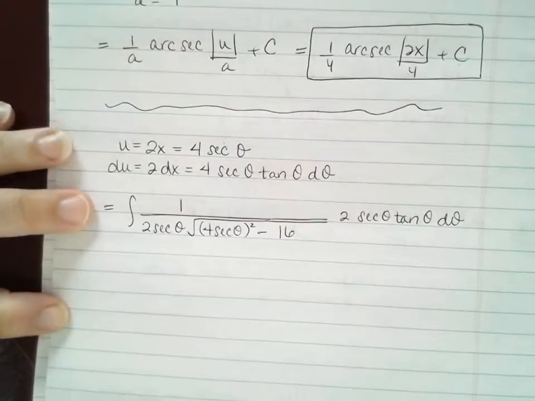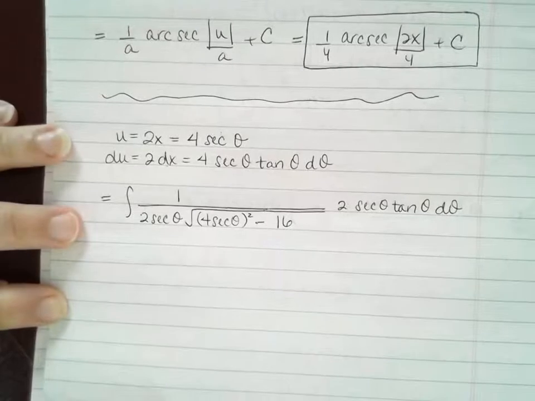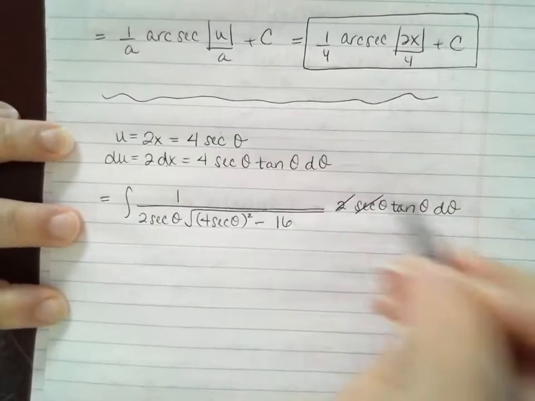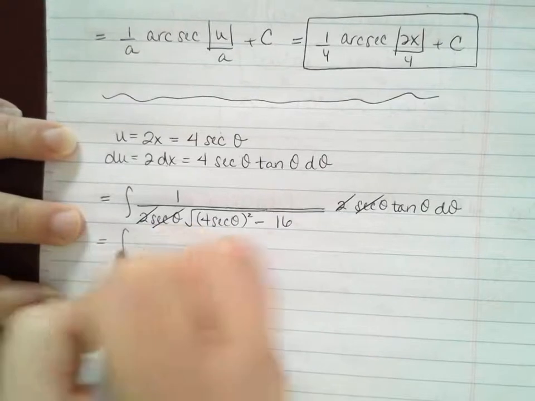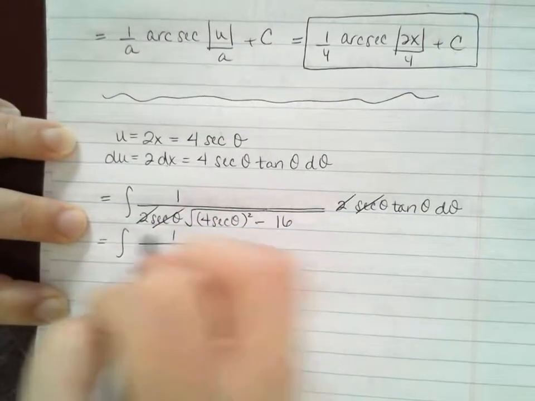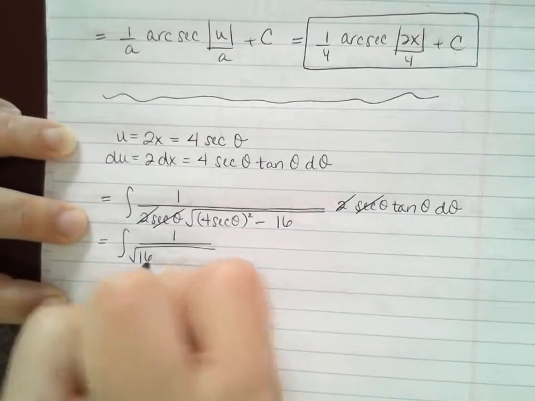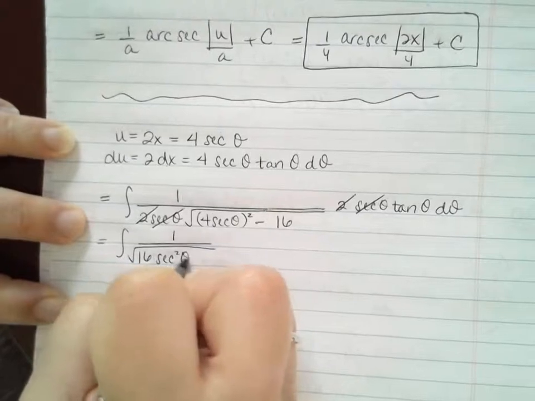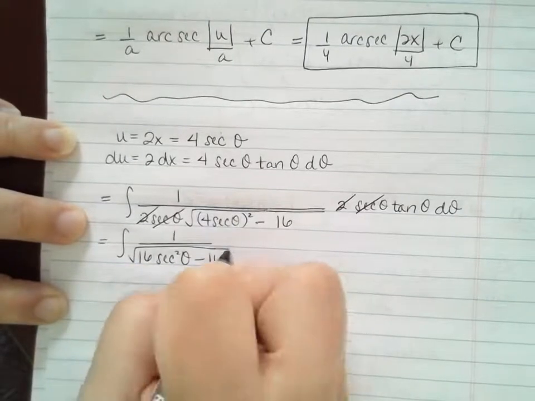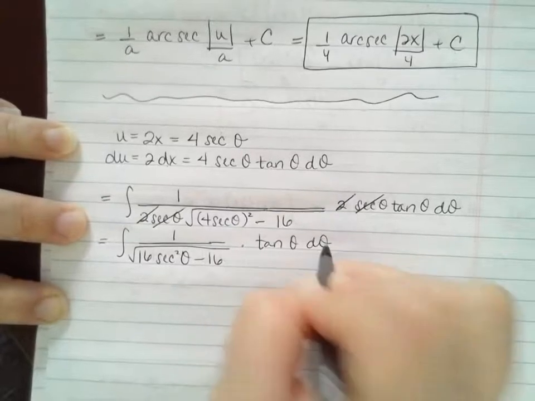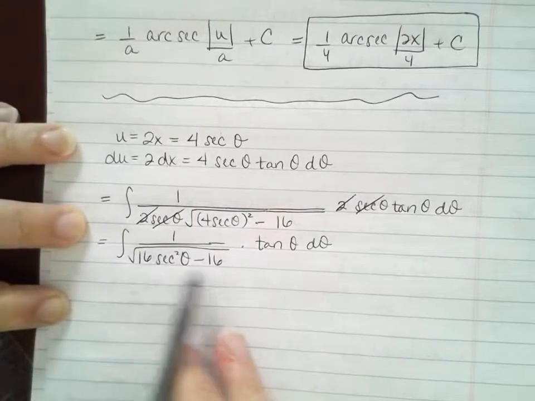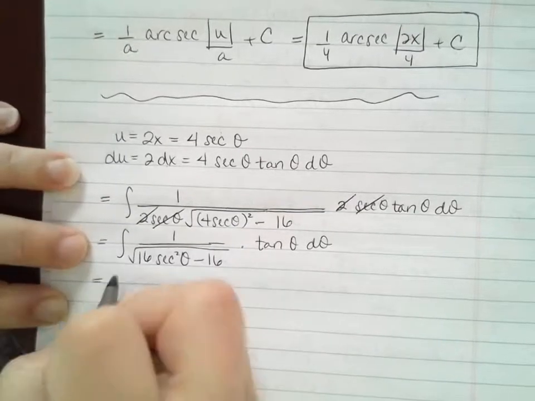Everything that's in there now is either trig or a constant. These 2 secants can cancel. This becomes 16 secant squared theta minus 16 times tan theta d theta. 16s can be pulled out.